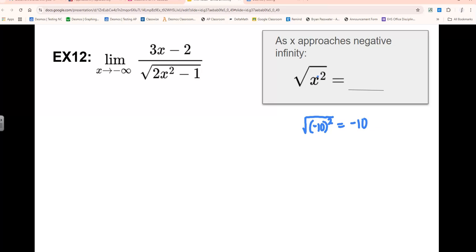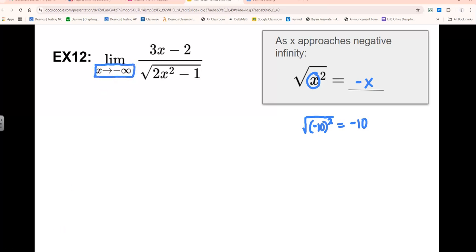So if I am plugging in a negative number right here and I'm having x approach negative infinity, the square root of x squared is going to be negative x, not positive x. So this is the exact same problem that we had before.